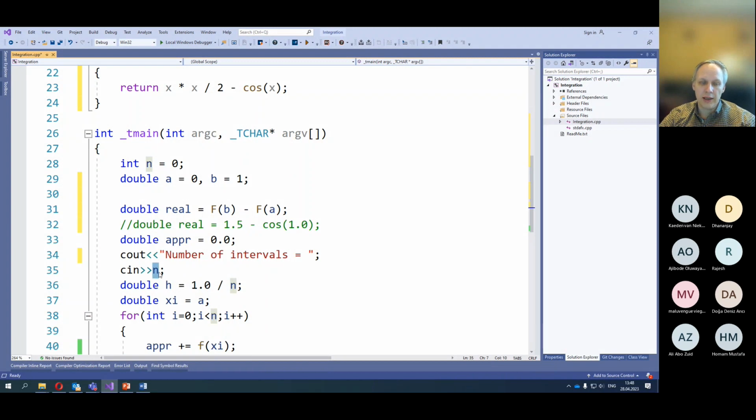What will be the length between the points xi and xi minus 1? It's just b minus a over n, the length of the initial interval over n.